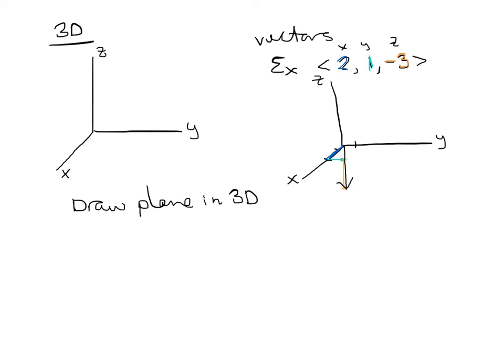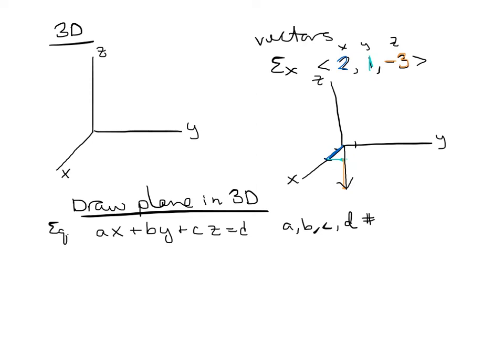Drawing a plane in 3D. So the equation of a plane looks like ax plus by plus cz is equal to d. And this is where A, B, C, and D are numbers.